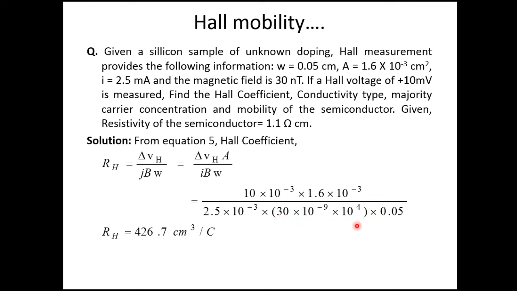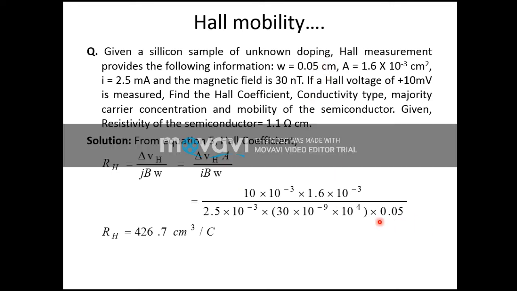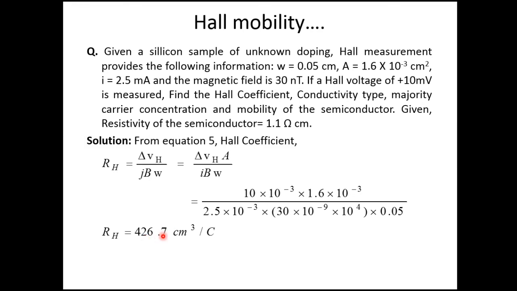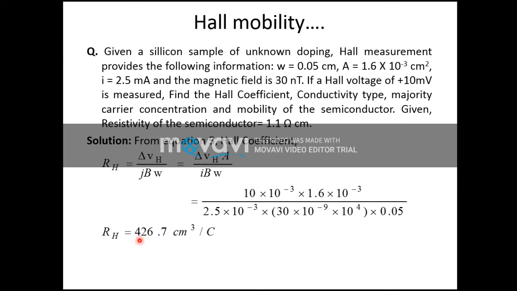Okay, and W given is 0.05 centimeter. So we are taking just this 0.05 centimeter. When you solve this, you will be getting RH, the Hall coefficient, is equal to 426.66 something, but this is now 426.7 centimeter cube per coulomb. So this is the value of the Hall coefficient, and these are the units of the Hall coefficient. Remember this.